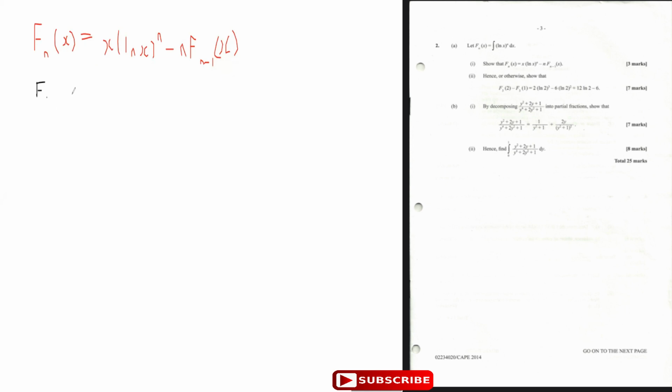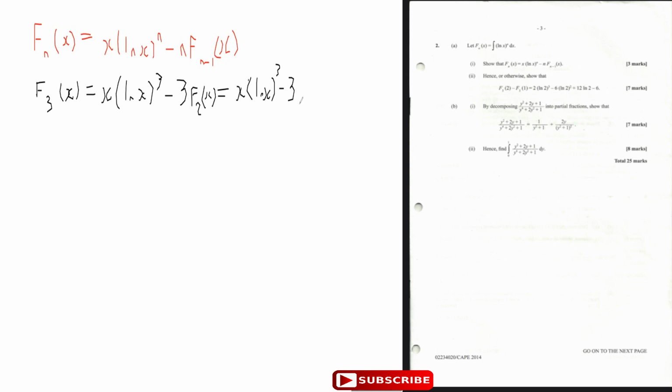So f3 of x will be equal to x ln x to the third power minus 3 times f2 of x, because 3 minus 1 is 2. And what is f2 of x?